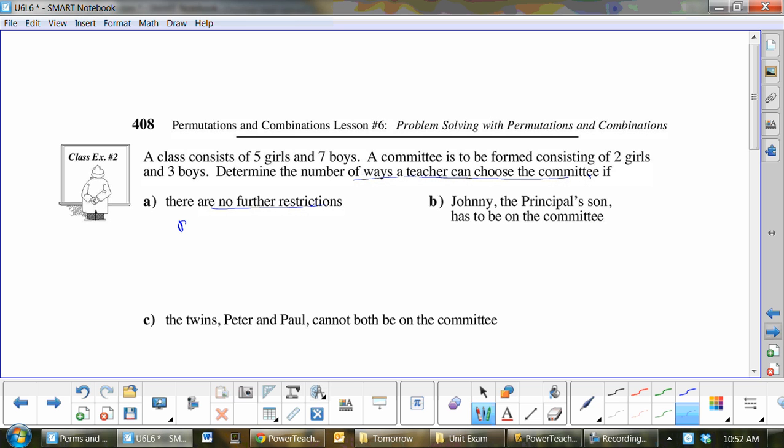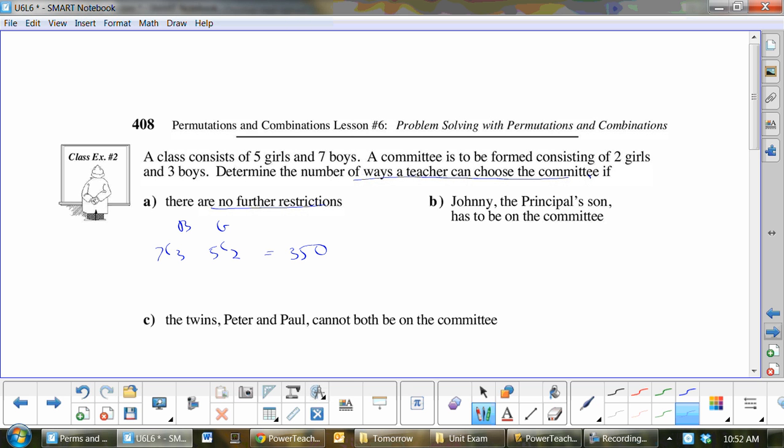Okay, so you're doing the boys and the girls. So you said 7 choose 3, 5 choose 2. That look right? So that would be 350 possible ways.